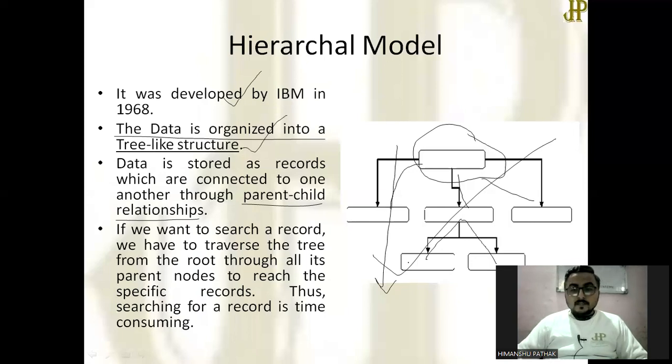So there is a disadvantage that each time you have to start with the root, and if the data that you are going to search are at the lower end, then searching for a record is time consuming. Okay.